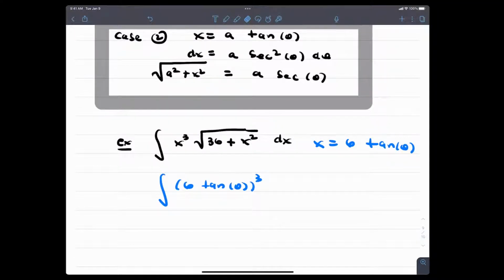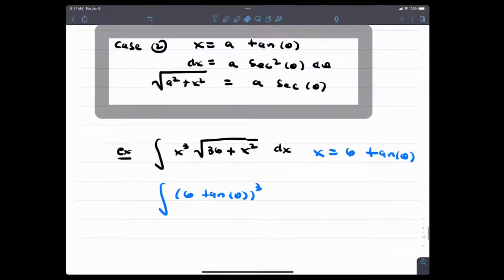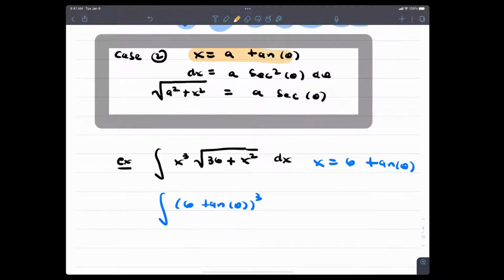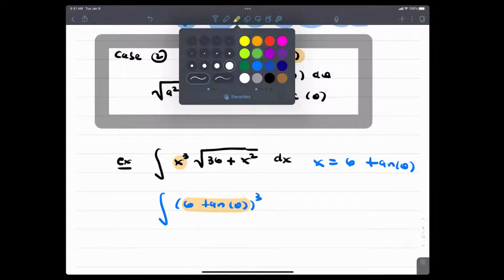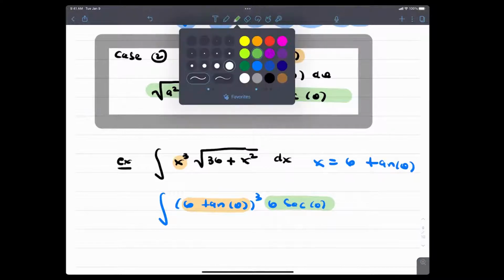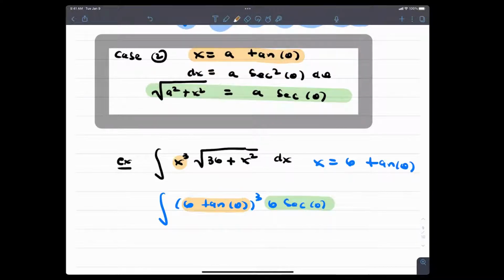This, and then it's going to be what? Maybe we should color coordinate this, right? Maybe you guys can see this. Here's orange. There's orange. This is what I just did. And then I'm going to say here's green. And I'm going to put down now what? 6 secant theta. I got to replace the radical now. That's the green portion. And then let's maybe use the gold or the brown. Okay.